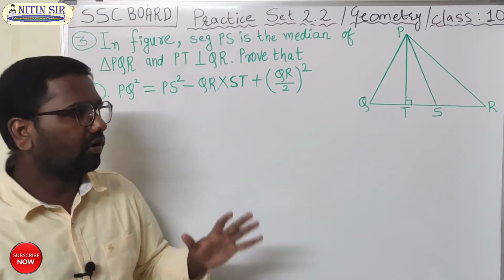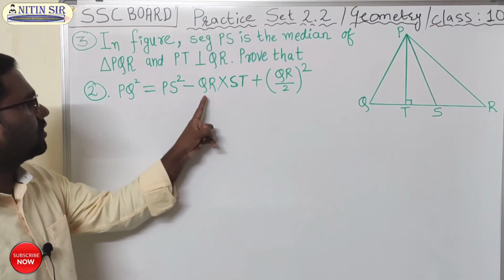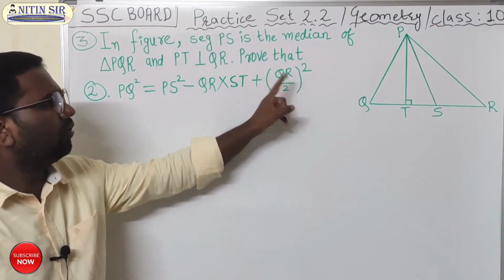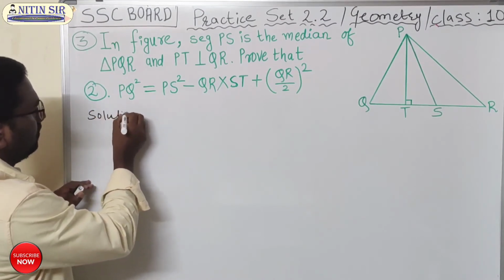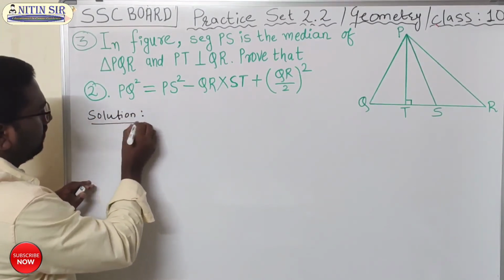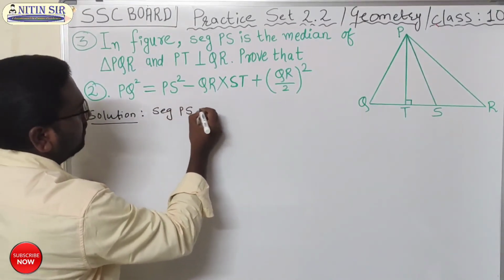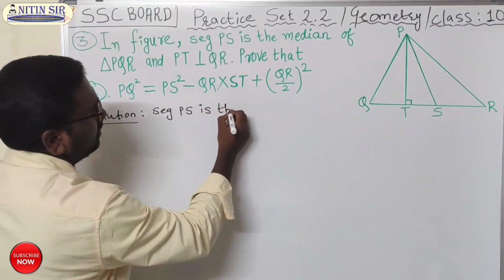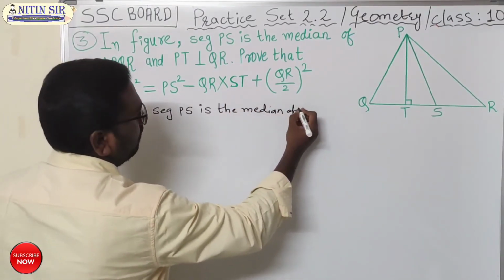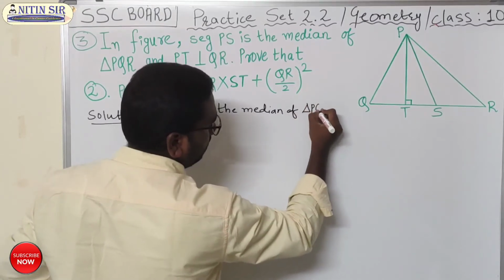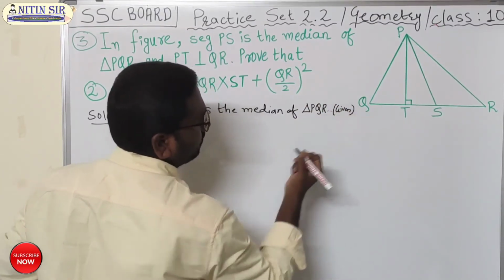Question 3, sub question 2, what we have to prove? PQ square is equal to PS square minus QR into ST plus QR upon 2 whole square. Its solution: segment PS is the median of triangle PQR, that is given.